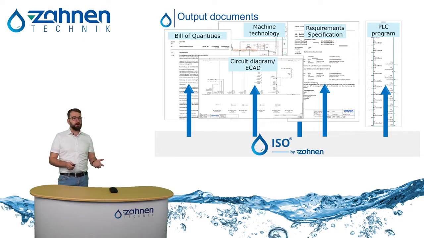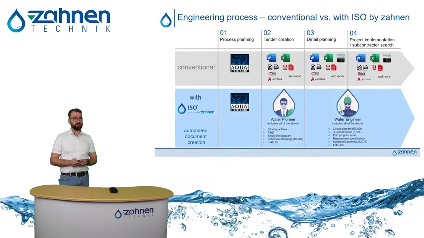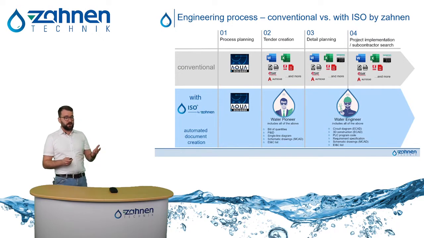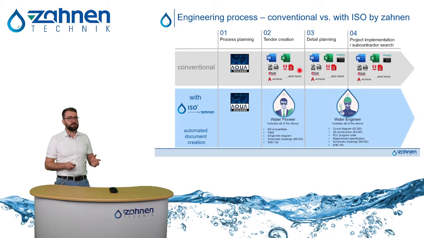To compare the ISO process of engineering with a conventional approach, let me show you this slide. So here you can see, as of today, in a conventional way, you will do your process planning within Aqua Designer, and as soon as you get into tender creation, you will have a vast amount of different file types that are used.